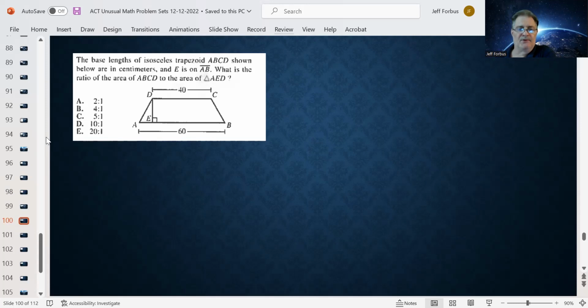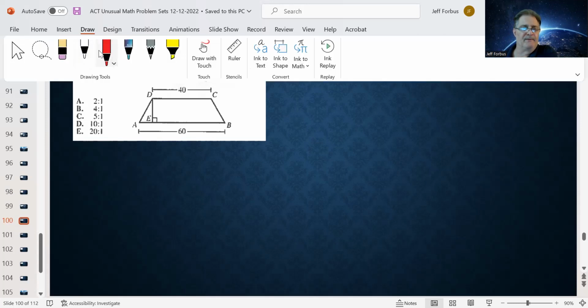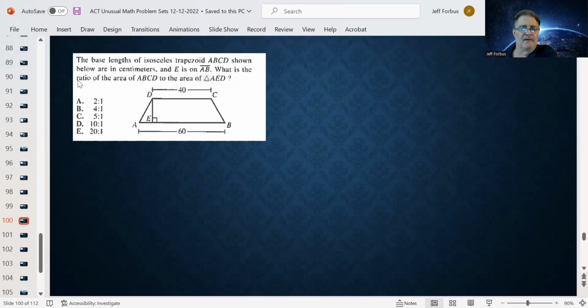Now, what I want you to notice in this image, let me get my red pen. Notice there's a triangle, which is AED, but there's also one over here as well. And notice from D to C, the distance is 40. And notice the distance from A to B is 60.